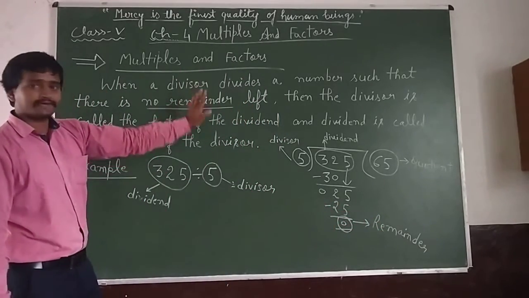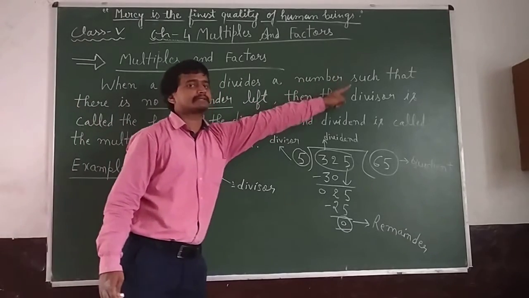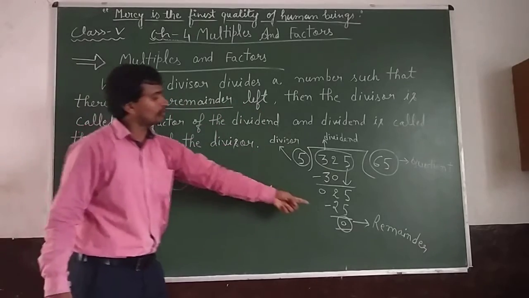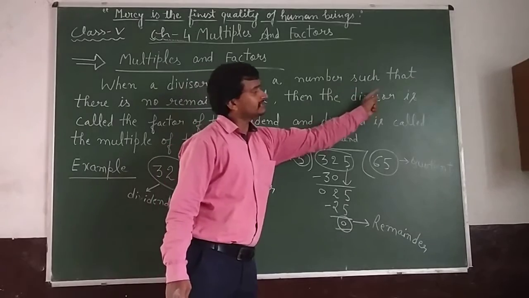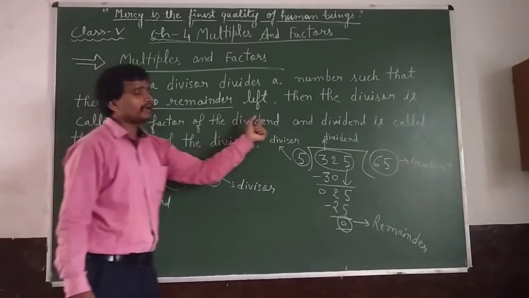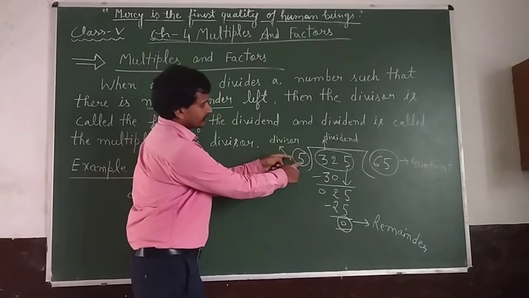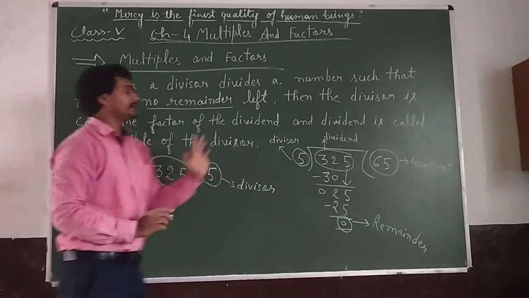And what was written here? When a divisor divides a number such that there is no remainder left, the remainder is 0, then the divisor is called the factor of the dividend. So here we can say divisor 5 is a factor of 325.